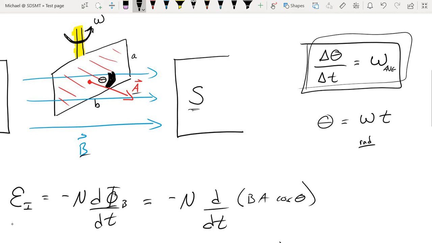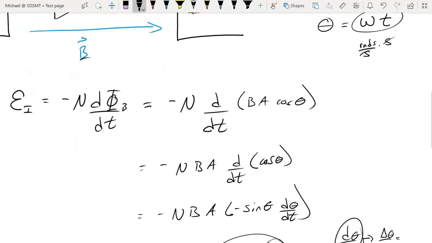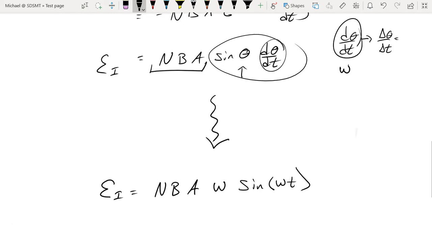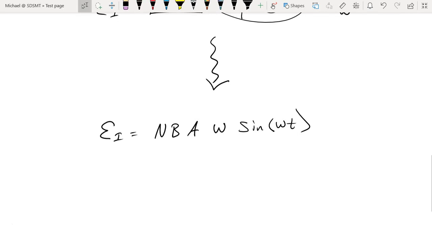Remember, our angular velocity has units of radians per second, and if we multiply that by the time, or some specific time during the rotation of this coil, then what we get is a theta value. And so we're going to replace theta in that sine term with sine omega t. And this is to our benefit because now our expression for the induced EMF in this coil is a time-dependent function. Okay, it's dependent on time.